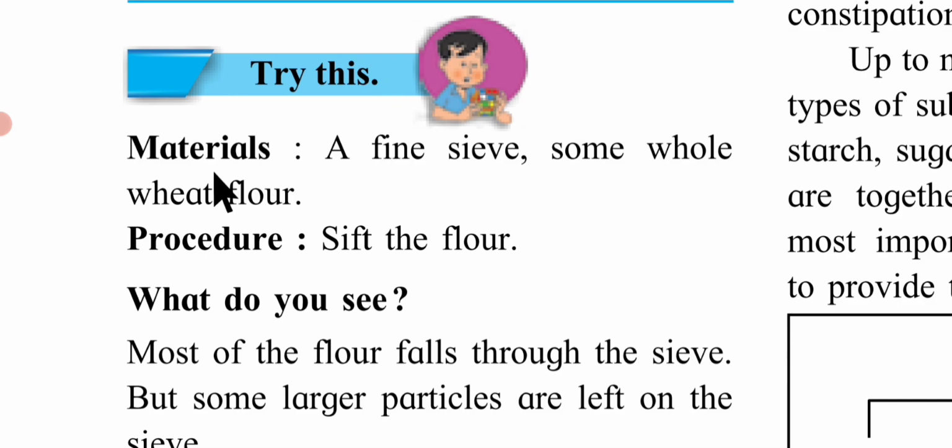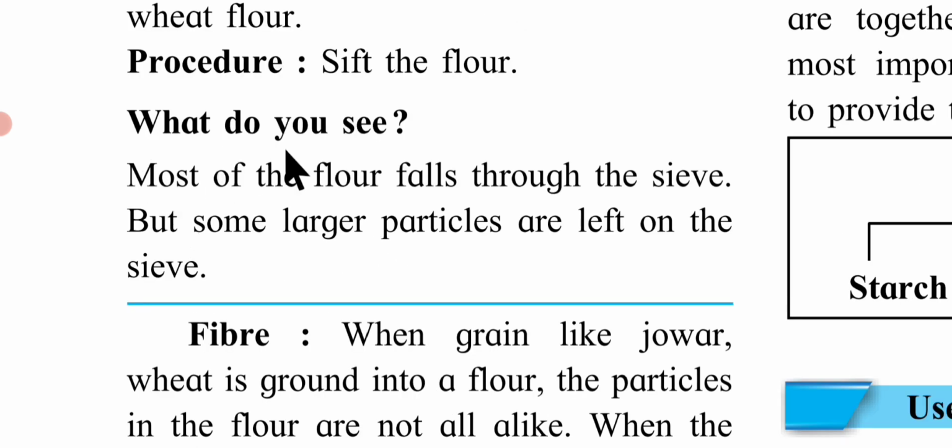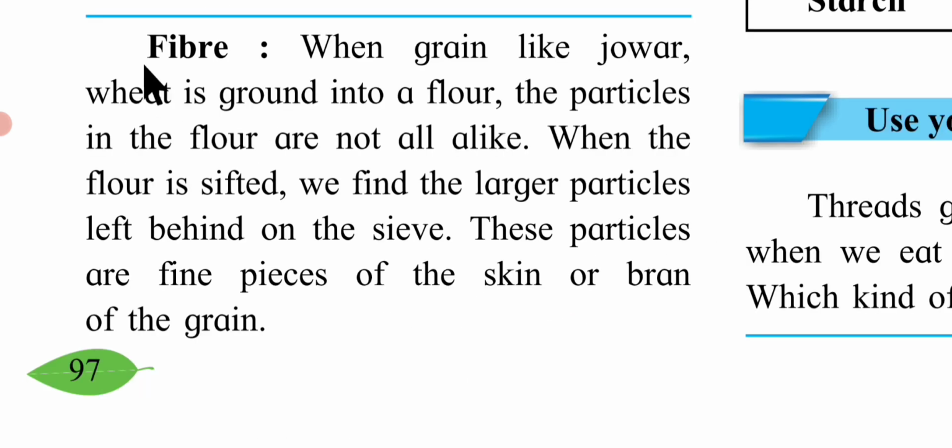Try this. Materials: a fine sieve, some whole wheat flour. Procedure: sift the flour. What do you see? Most of the flour falls through the sieve, but some larger particles are left on the sieve. Fiber.